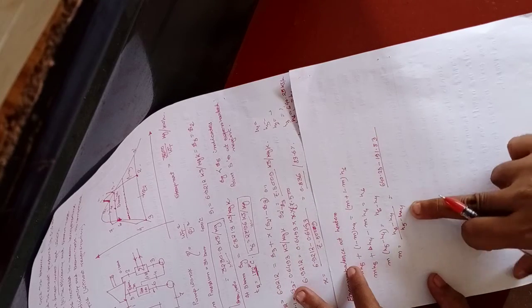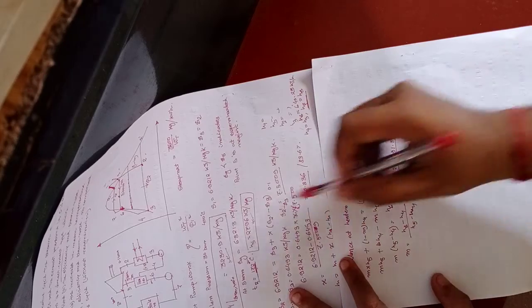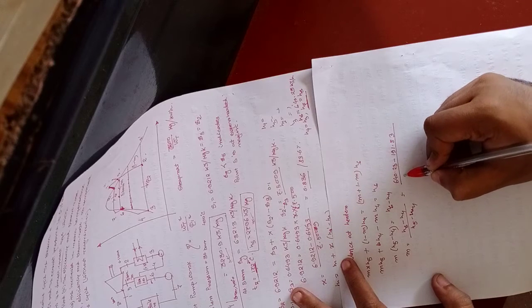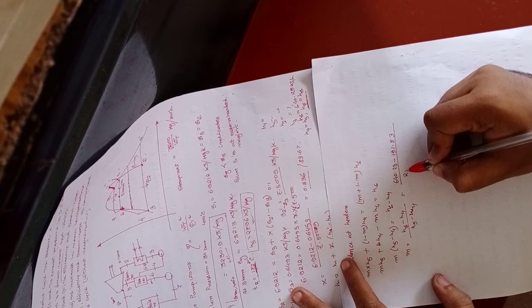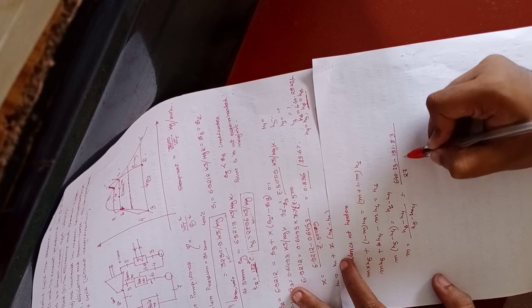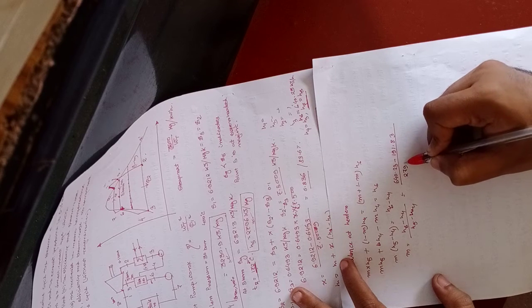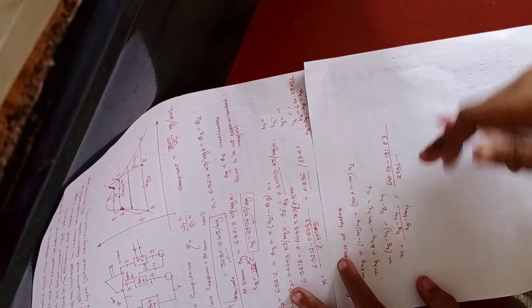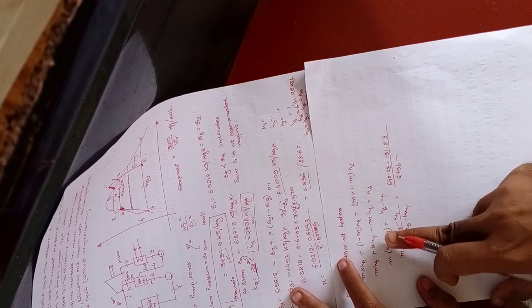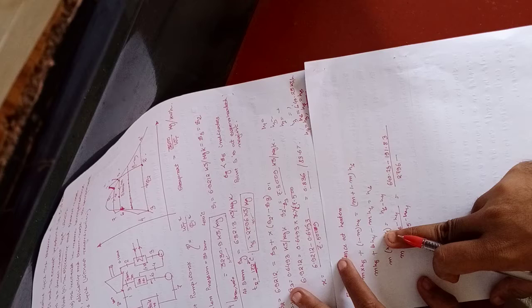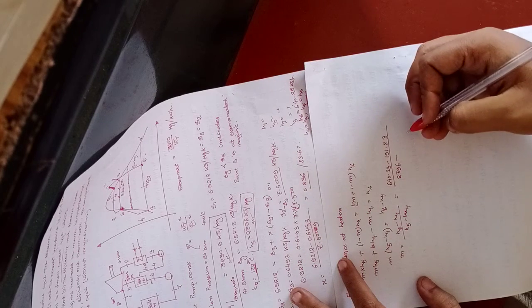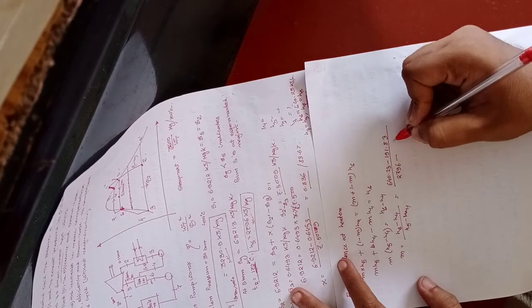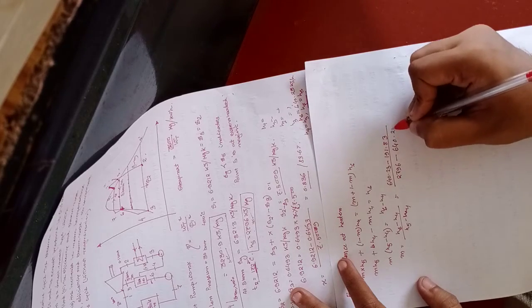By your H5 minus H4. What is H5? H5 we have got 2796, minus 640.23.